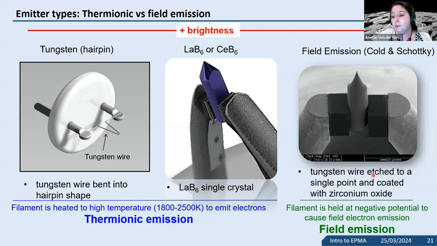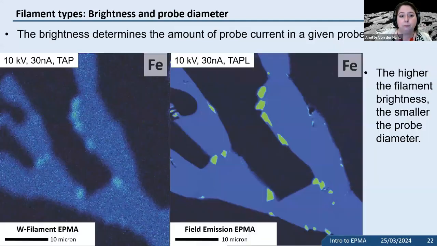And then the best spatial resolution and imaging quality we're getting with field emission, which is a very fine tungsten wire that's etched to a single point and coated with zirconium oxide. So what kind of spatial resolution we can achieve and what kind of imaging quality we can get starts with our choice of what type of electron microprobe you have access to.